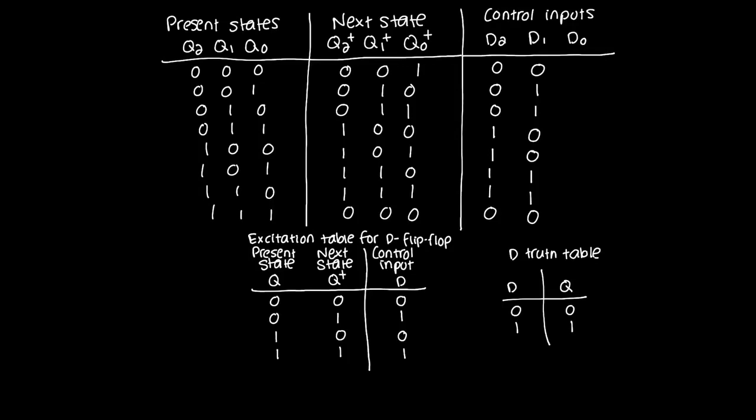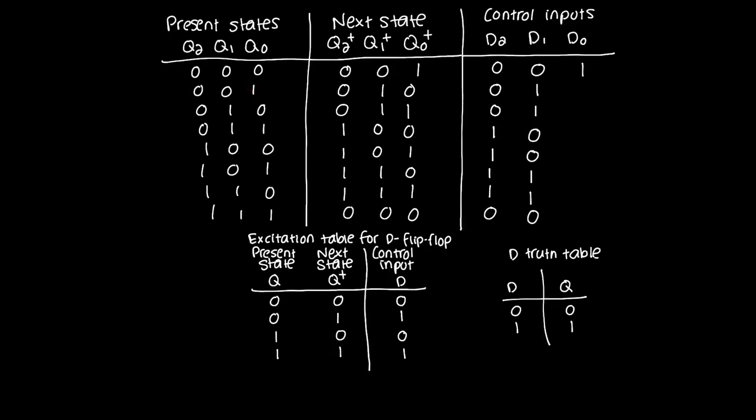Okay, and we're going to fill out D0 in the same way. So let's do that. Now I'm looking only at present state Q0, next state Q0, and I'm trying to determine this control input D0. So what does D0 have to be to get this transition? To go from a 0 to a 1 at the output Q, that's this row, I need D to be 1.